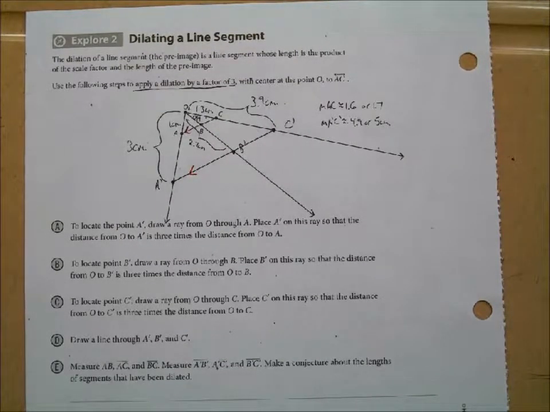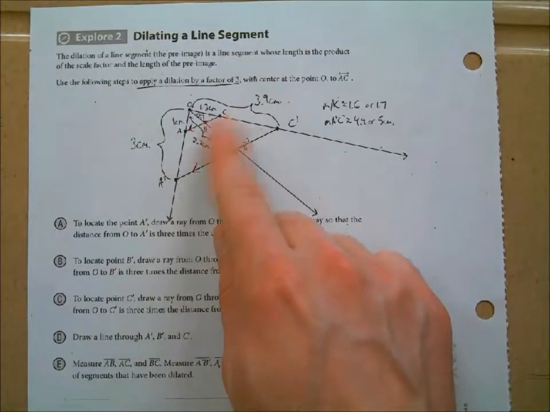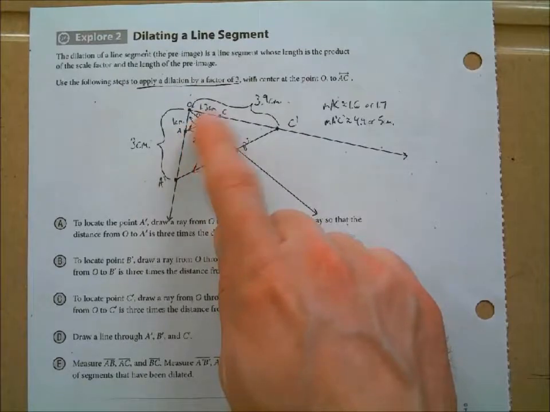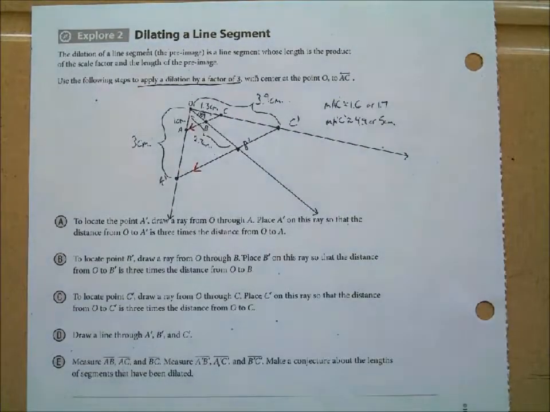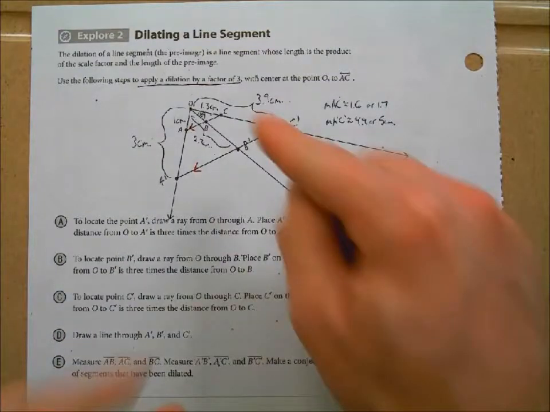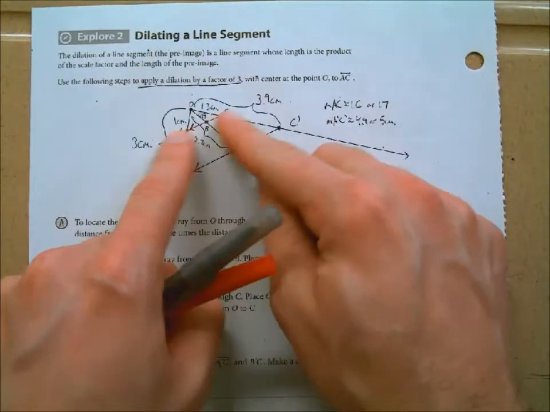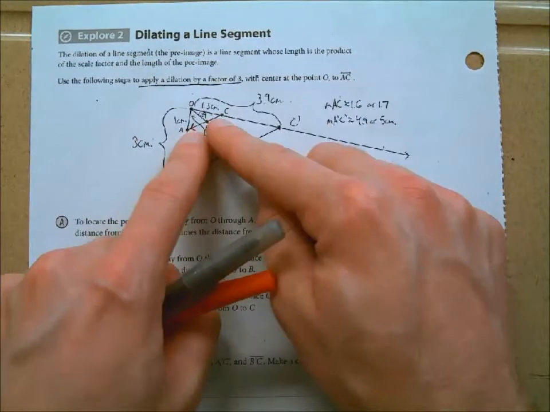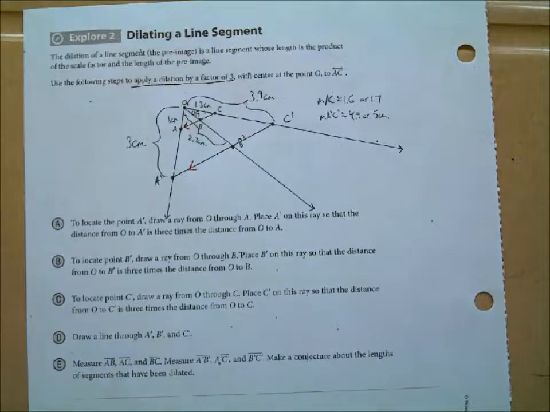What if we took our segment here, ABC, and instead of dilating it about point O, what if we dilated about point B? If we dilated from point B, then it would just be A and C that would still be going in the same direction. They would just go further away from B, but in the same direction as AC are currently going, right? It would stay where it was, it would just stretch out the length of it.